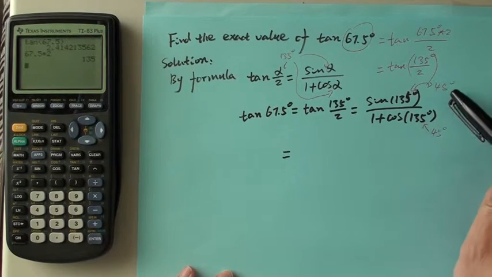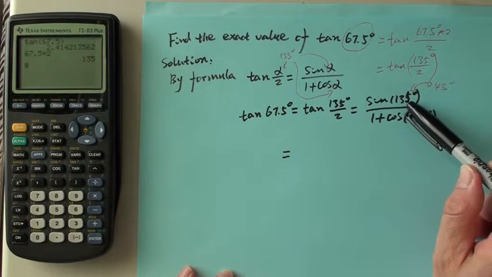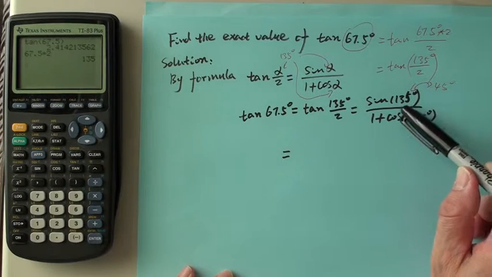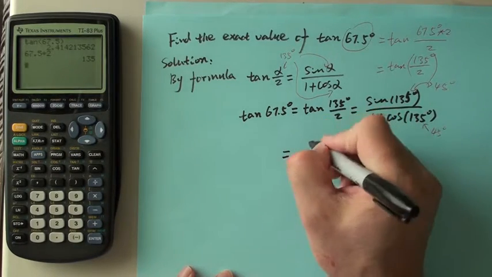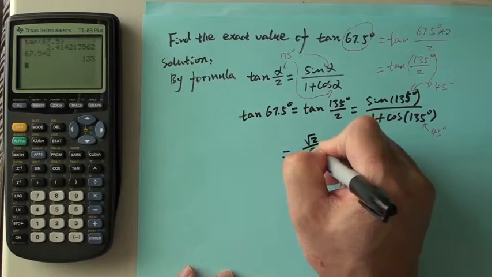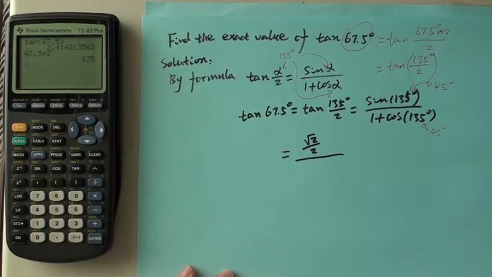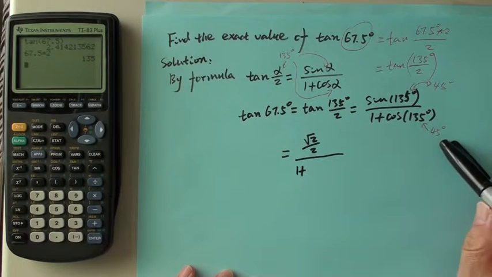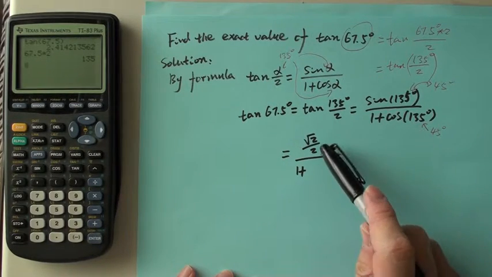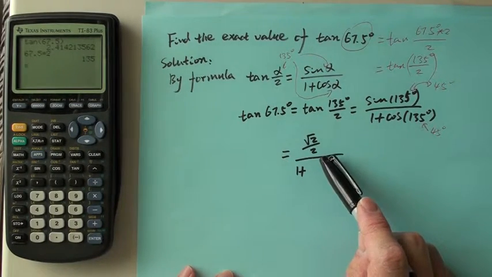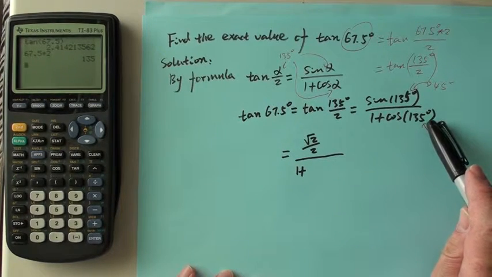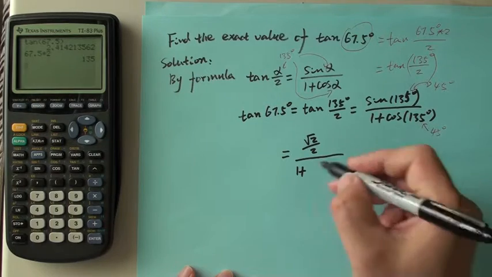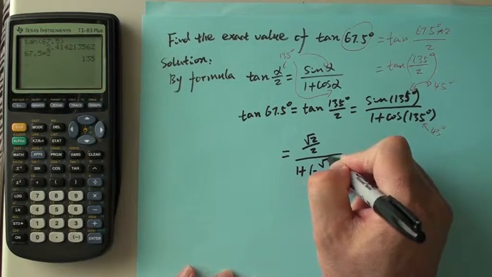This is in the first quadrant, and this is in the second quadrant. We know sine 45 degrees is radical 2 over 2. Now, cosine 45 is also radical 2 over 2, but 135 is in the second quadrant, so this will give us a negative number.